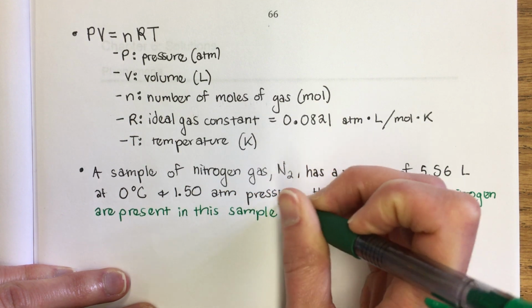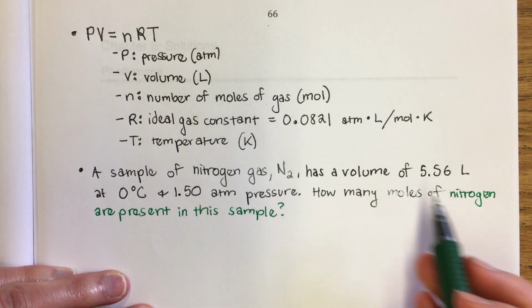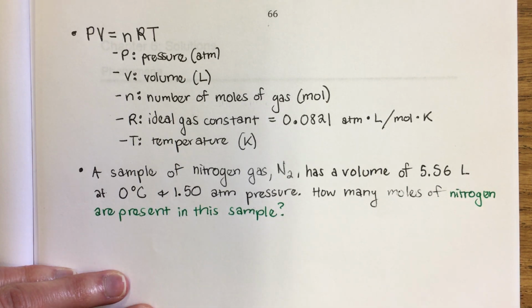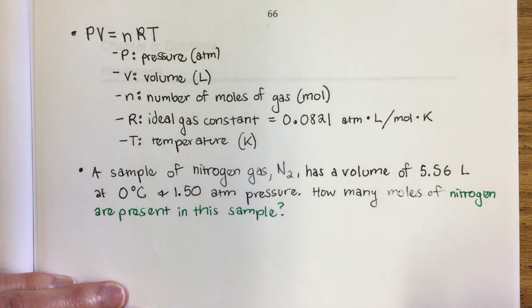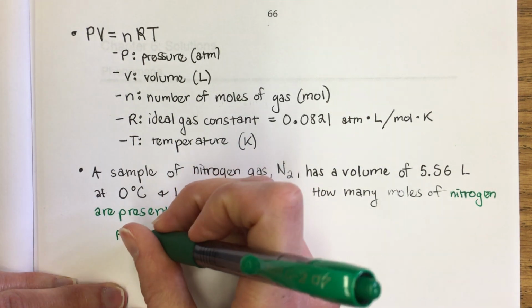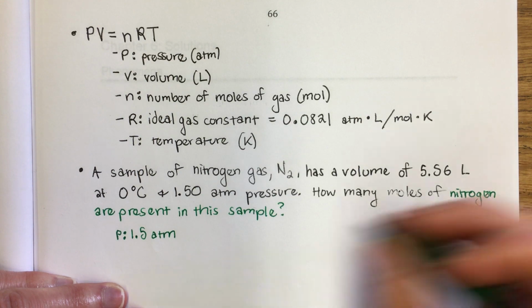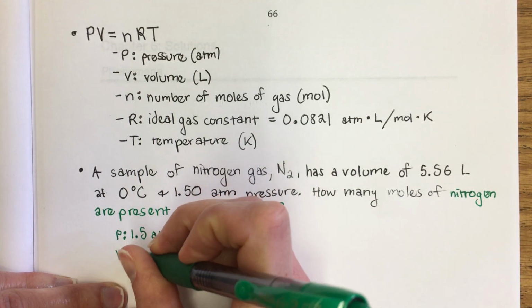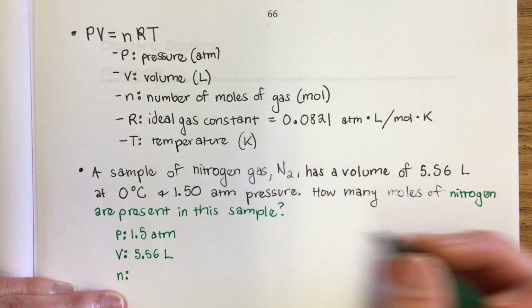Okay, so the easiest way to do this for me is to go through and label all these different numbers as far as what part of the equation they are. Pressure is 1.5 ATM, and that's good, it's already in the right unit. We have a volume, 5.56 liters, and that's the right unit. n is what we are looking for.